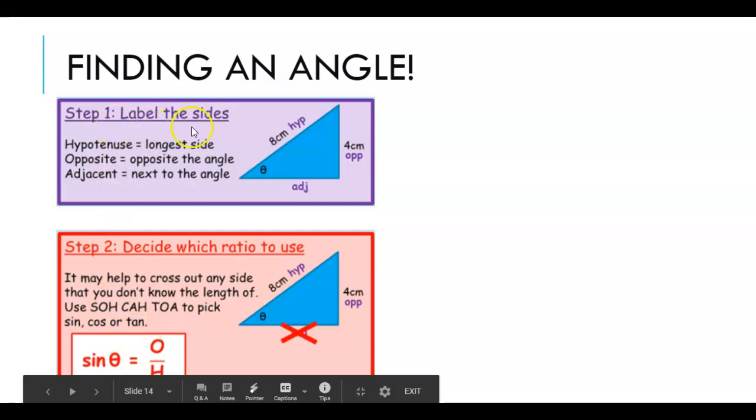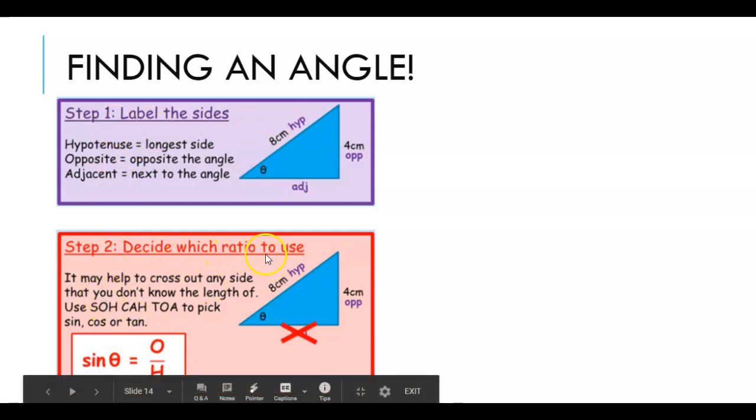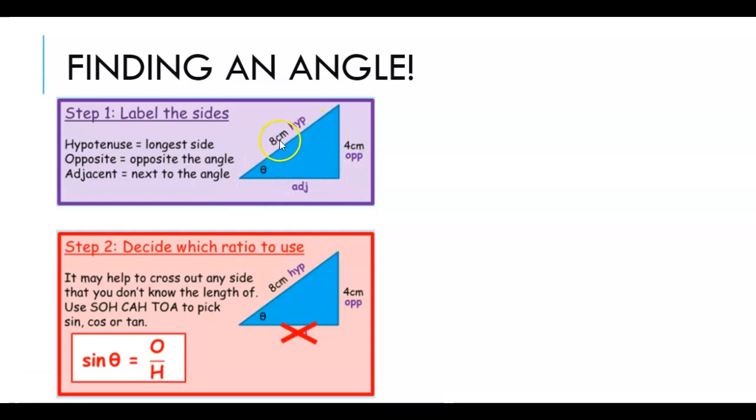All right, so start by labeling the sides as opposite, adjacent, and hypotenuse. Again, decide which ratio you're going to use by eliminating the side that you don't need. Whatever you are left with, that's the information you're going to use to write the ratio. In this specific triangle, we have hypotenuse 8 centimeters.